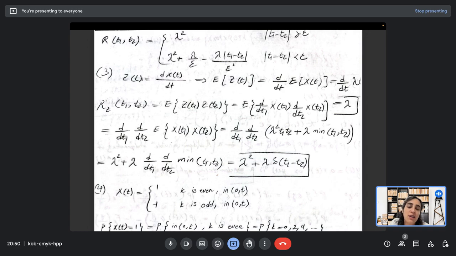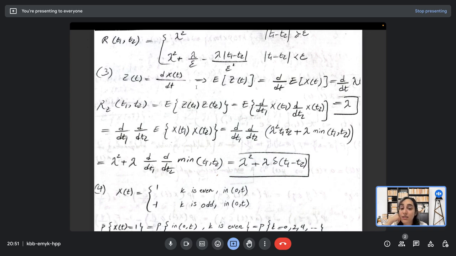And because the derivative is a linear operation, we can bring it out of the expectation operator, and when we take the derivative of lambda times t with respect to t, we get lambda. So the expected value is equal to lambda.